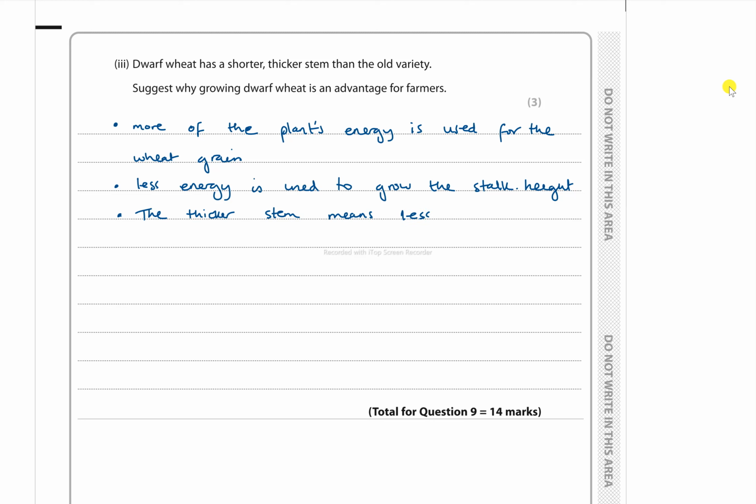Less likely to break in a storm or in strong winds. Because it's shorter, it could be easier to harvest.